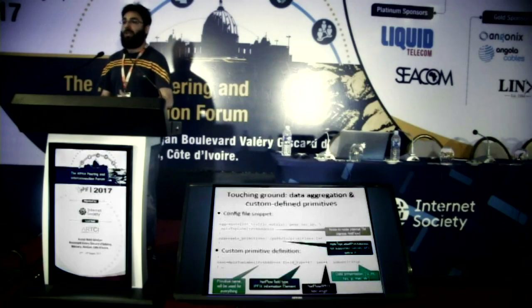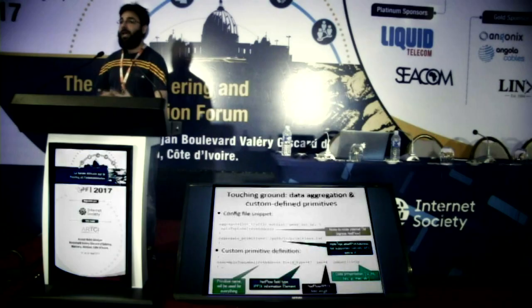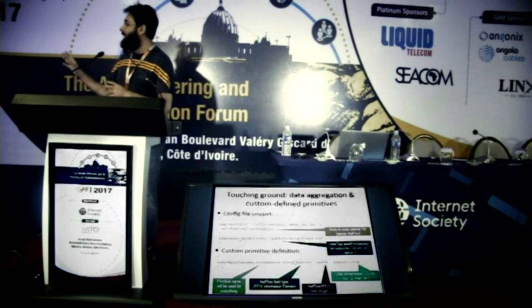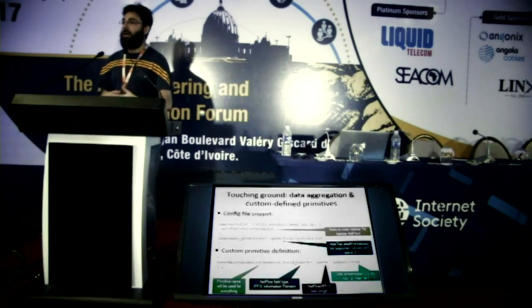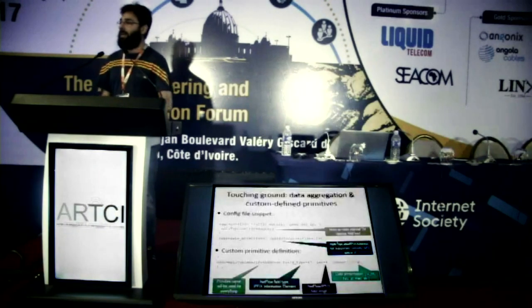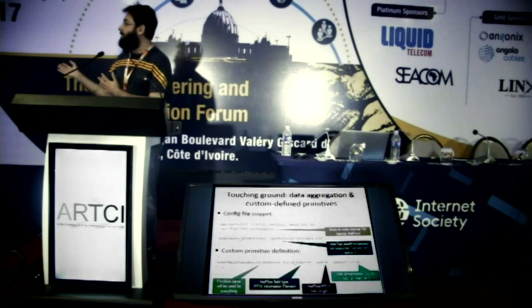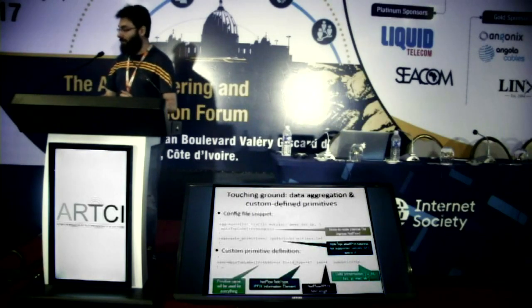So they give you the specs of how the records are composed, and you can define all of these primitives in here so that you can account on, for example, firewall events or NAT events or deep packet inspection events, which is something that is not natively supported by pmacct.